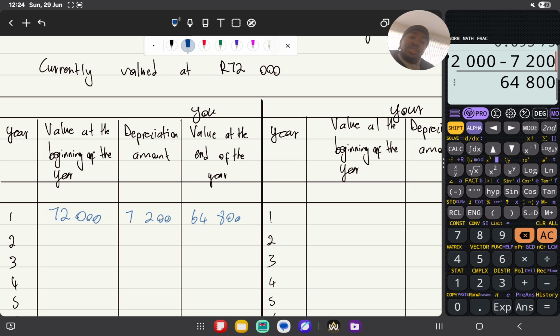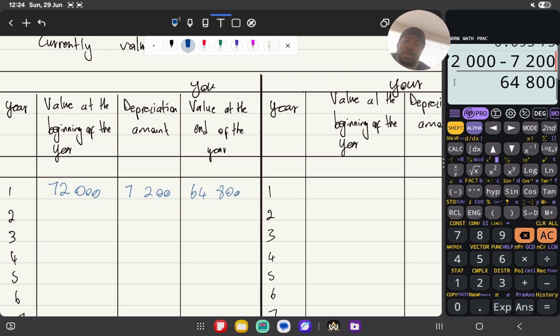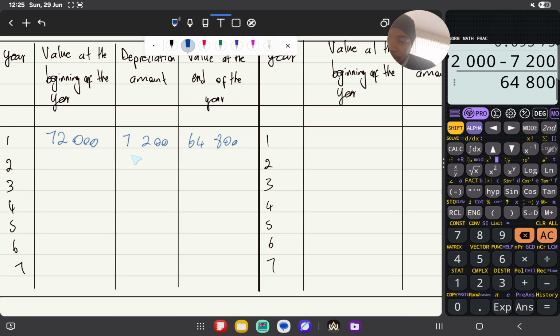You already know that for simple depreciation, or straight line depreciation, the amount of depreciation is the same all the way through. This depreciation amount is always going to be 7,200.